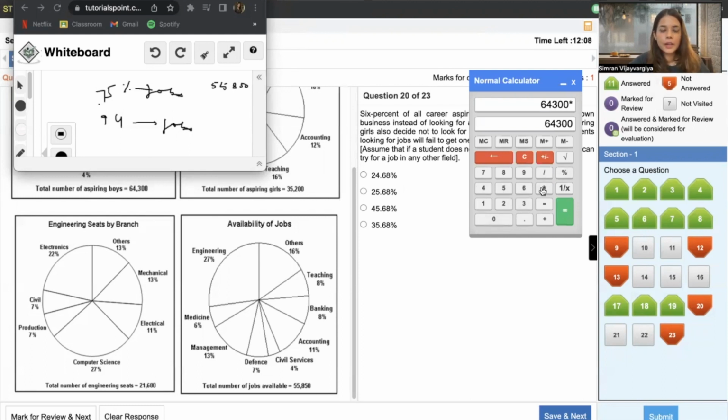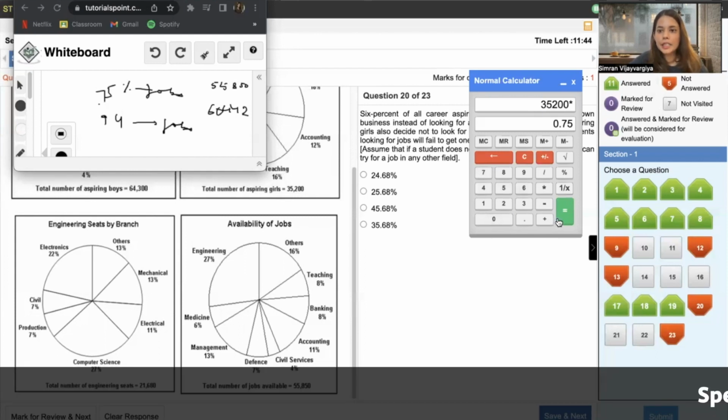And out of that, 94% are looking for job. 0.94. Okay. So total number of boys looking for job is 60442. And total number of girls looking for job is 35,200 into how many are looking? 0.75.